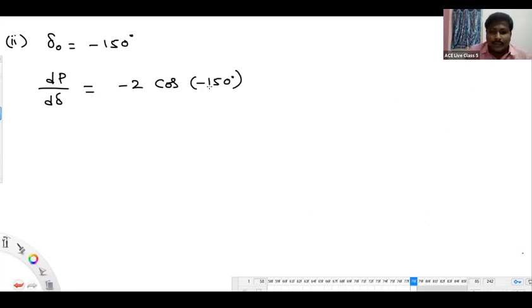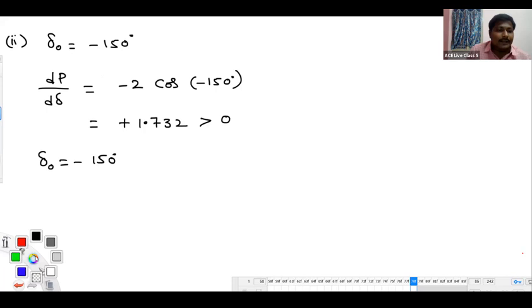If you calculate this, you will get the value plus 1.732, and it will be greater than 0. Means at minus 150 degrees, we get the positive slope. So I can say delta naught minus 150 degrees will be the stable rotor angle of the system.